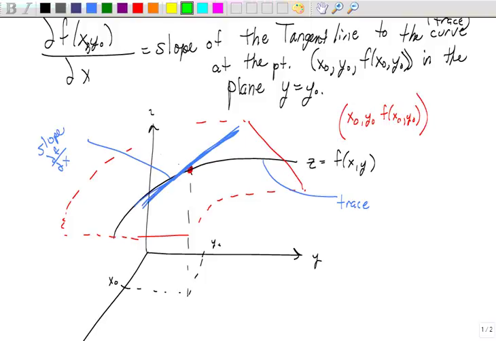So the tangent line is going to kind of go like that, and it'll be parallel to the y-axis. So this green one will be parallel to the y-axis, and the blue one is parallel to the xz plane, or the x-axis. And the slope of that tangent line is df dy. Okay, so those are kind of hard to draw, but I think you can kind of get a picture of what's going on from those.